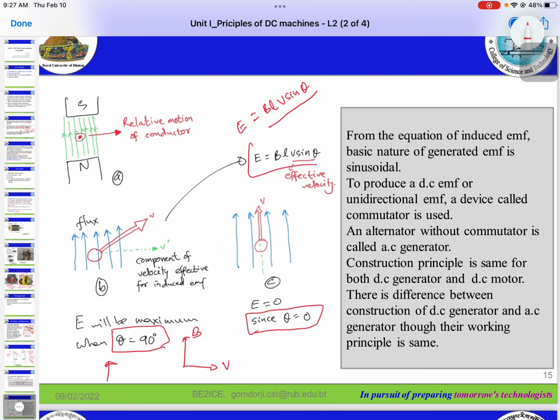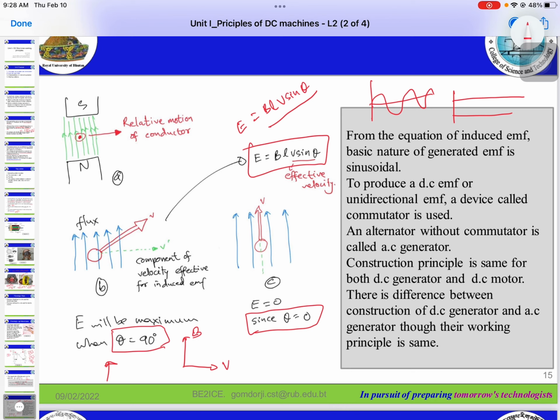Looking at this, we now understand that our generated or induced EMF is sinusoidal, but we are talking about the DC machine. So we are going to discuss how to convert this sinusoidal EMF into direct current or DC EMF by using one device, the commutator.